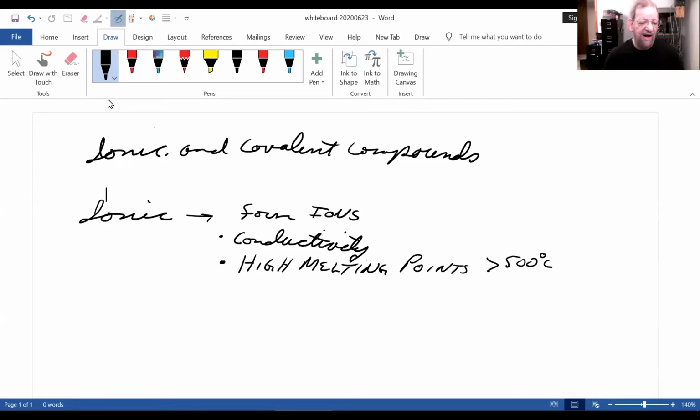Now, covalent compounds do not form ions. They're from covalent bonds, which you learned about from your friendly neighborhood chemist, me. I should have put up here.